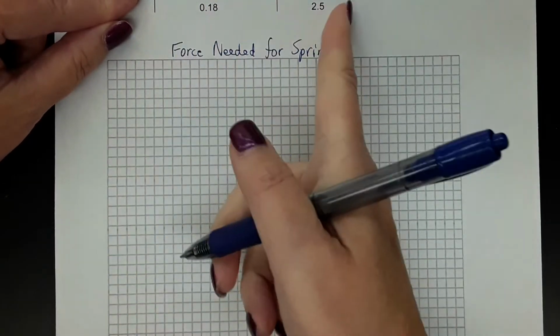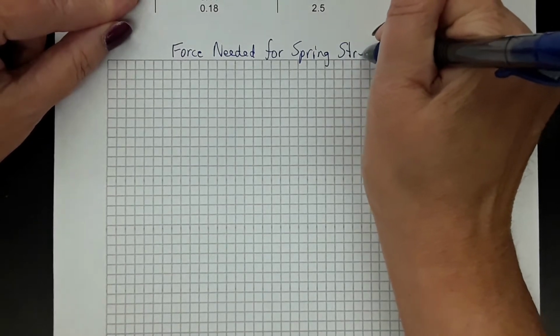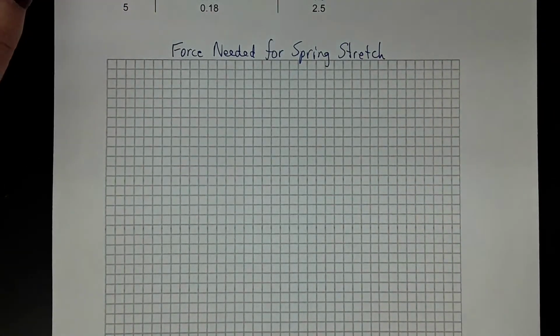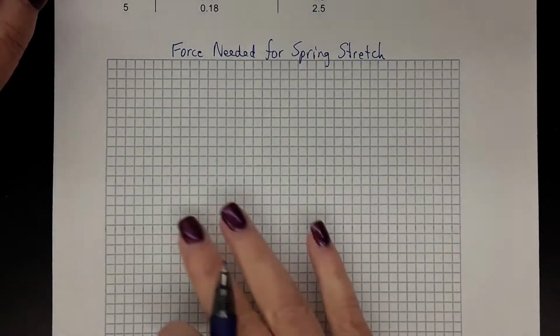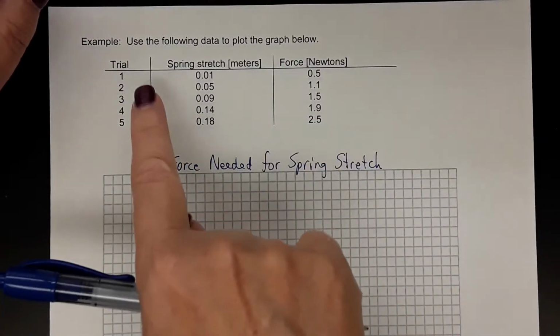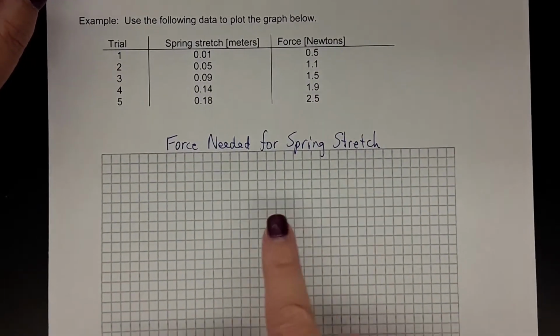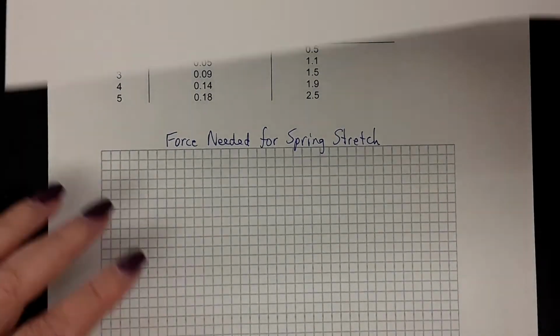See, I even have some data ready for us. Data that I created. Okay, so we're going to be doing our graph to plot this data right here. Okay, now let's go back and see what else we need.